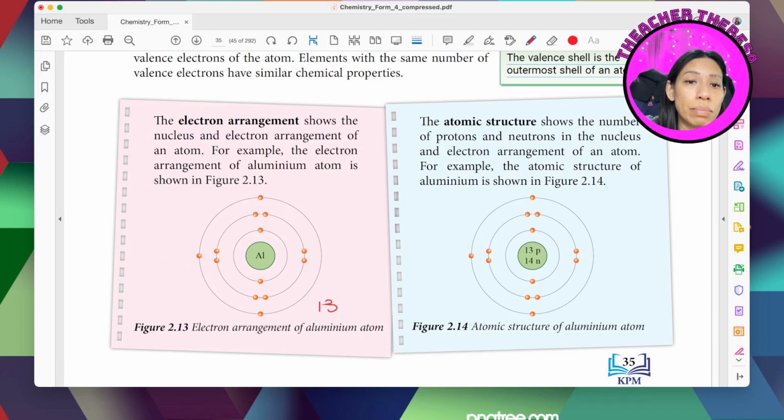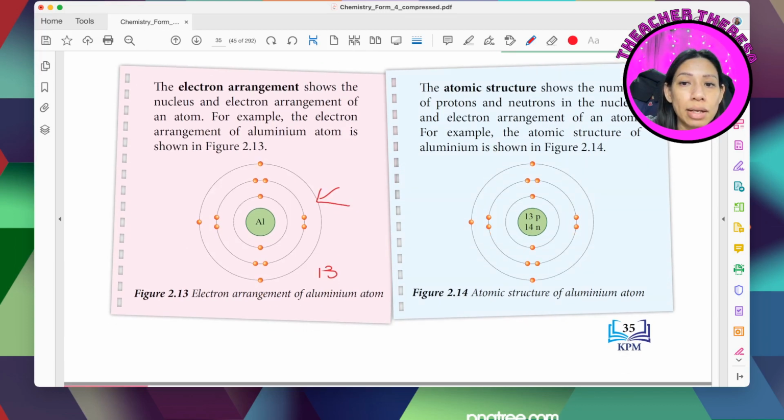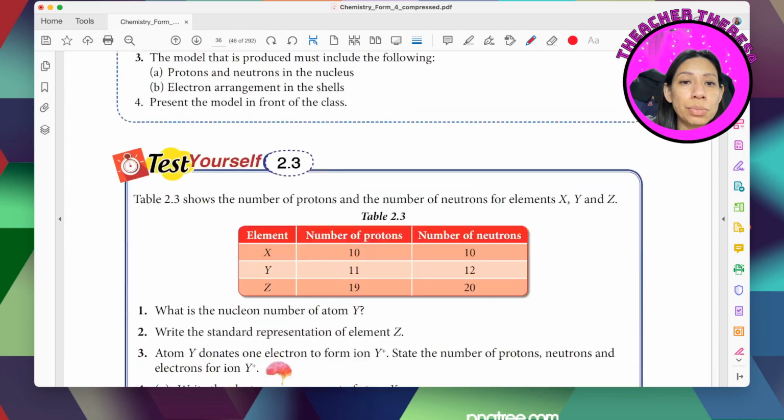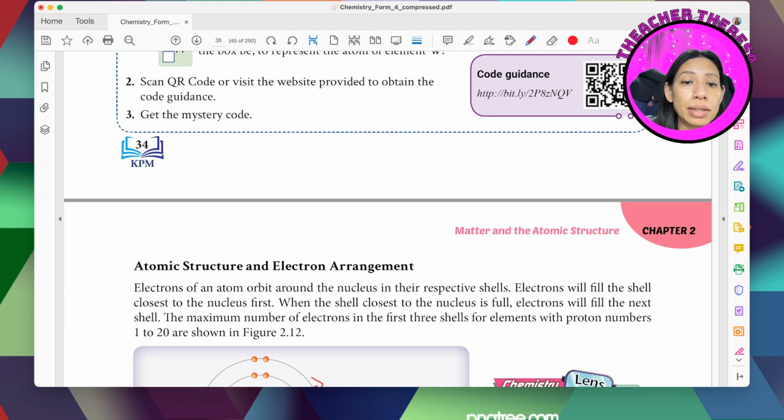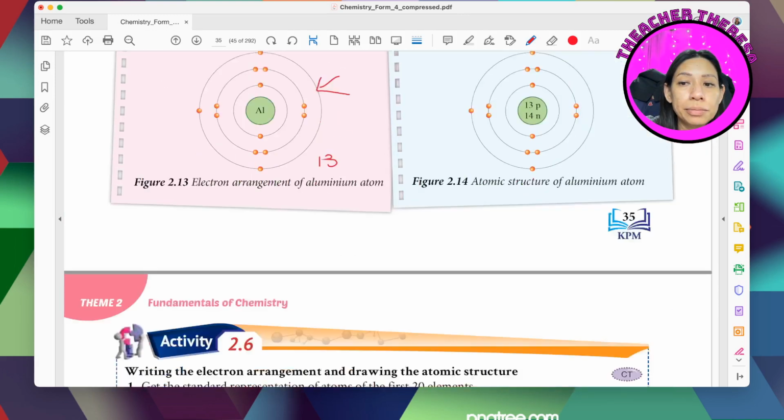Then you have a balance of 3 electrons. So the 3 electrons occupy the third shell. The third shell is called your valence shell. So you need to arrange the electrons based on the number of electrons on each shell. So that's called arrangement of electrons.